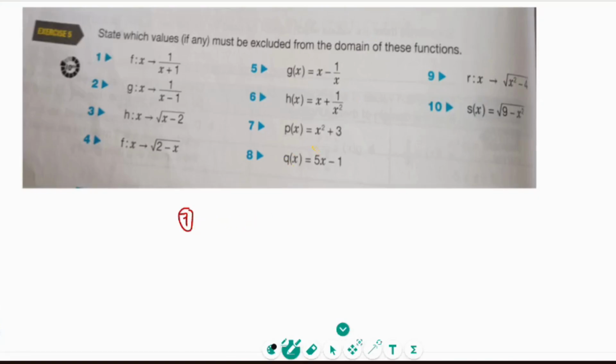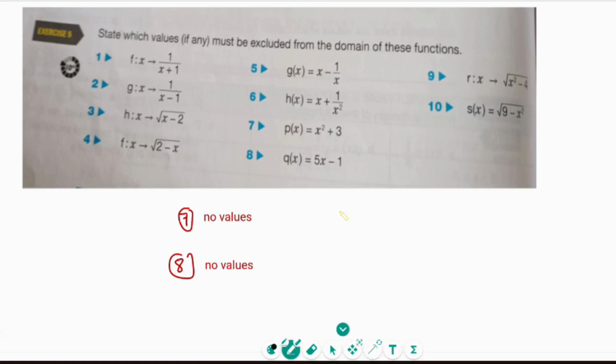If you think about this one, x squared plus 3, well, x actually can be any value. It says state which values, if any, must be excluded from the domain of these functions, so no values here. X can be any real number, we say in maths. Again, x can take any real value, so it's no values here.